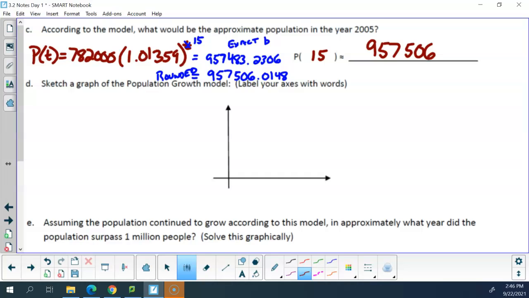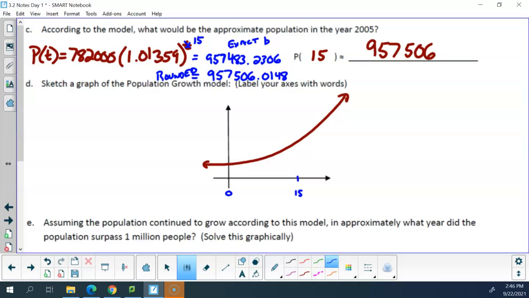Sketch a graph of the model. Label your axes with words. Okay, we like labeling things with words. So that's what it should look like. It's growing. So horizontally, here is year 0. Here is year 15, let's say.